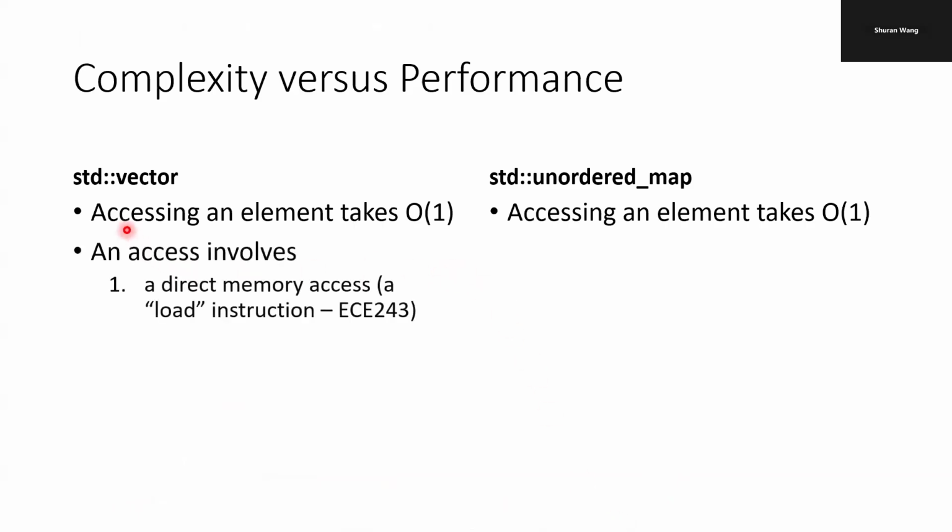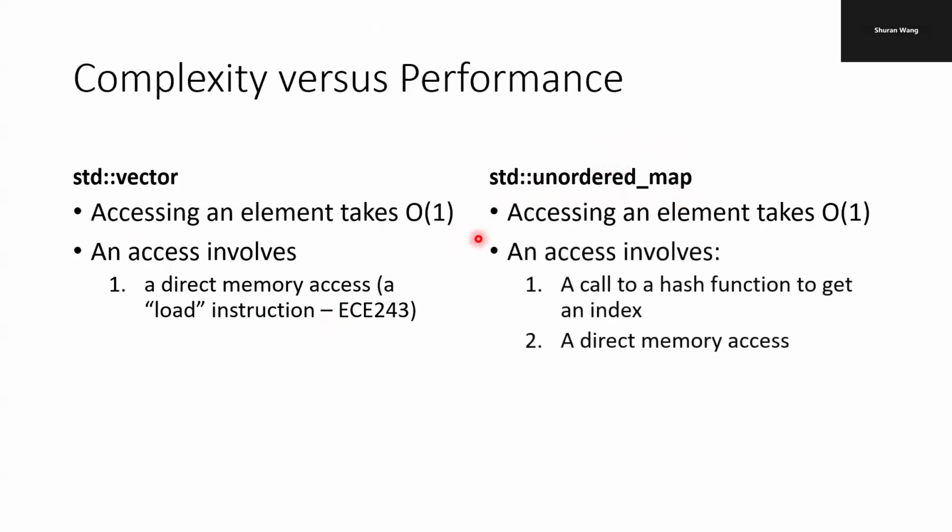For the vector one, any access involves a direct memory access. So it just needs the address of the first element and an offset to do a direct load instruction. On unordered map, first we'll need to call the hash function to get an index and then do the same direct memory access.